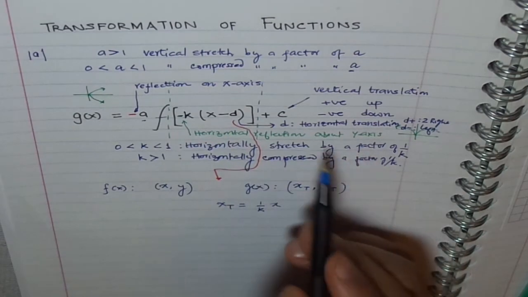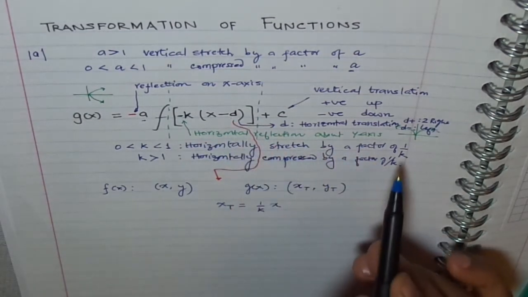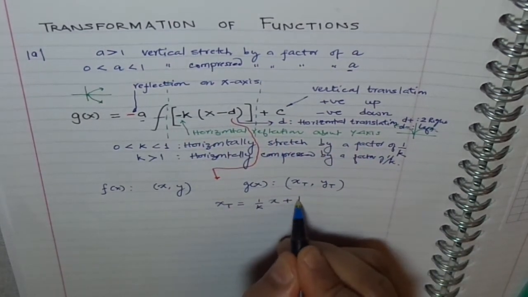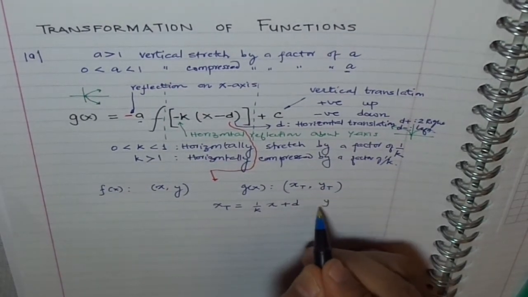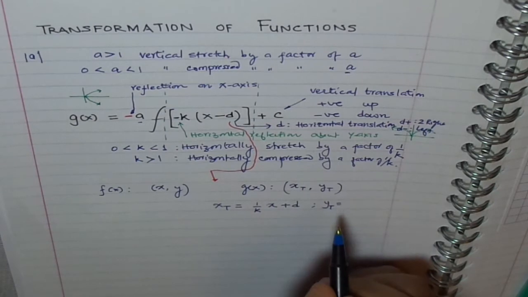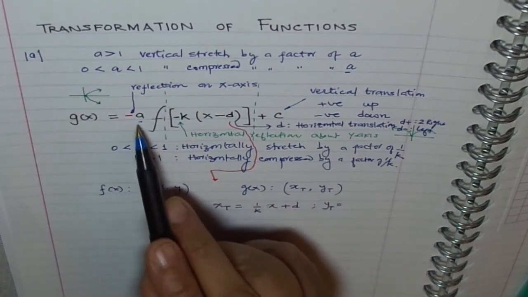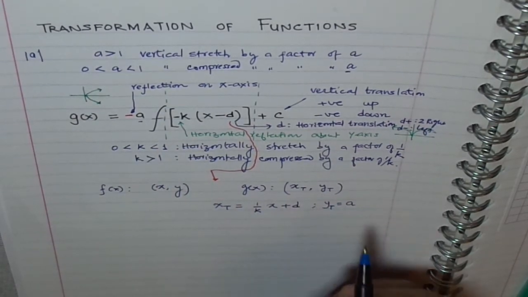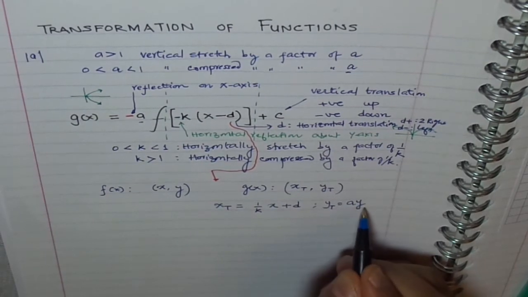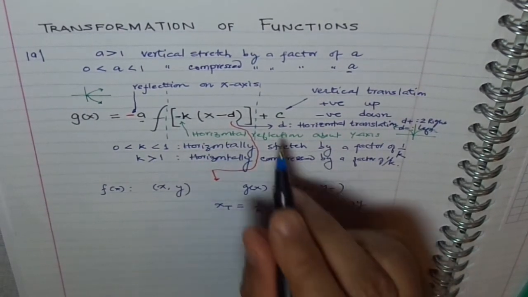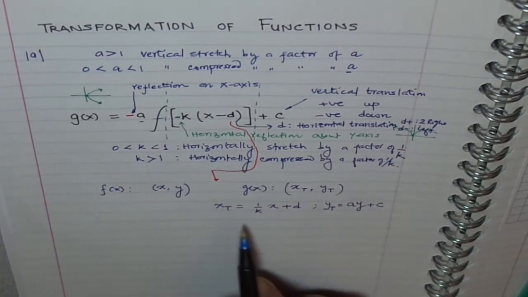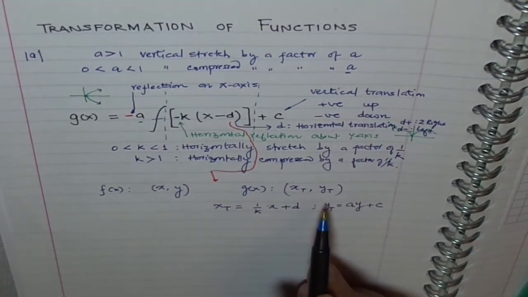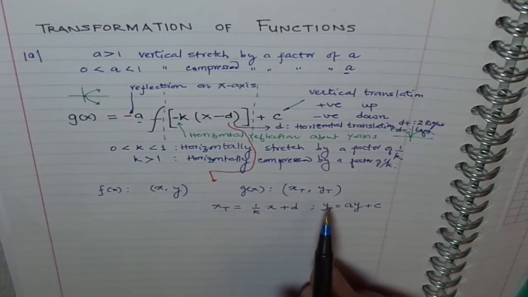The d value gets added, because if it is positive, you move right, plus d. That happens to the x values. And about the y values, yt, the y value gets multiplied by a to the original y value, and then you add c, going up or down. So that becomes the transformed function coordinates.